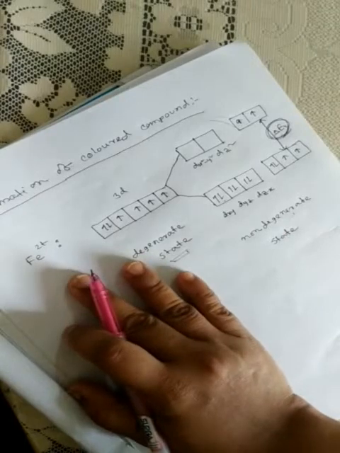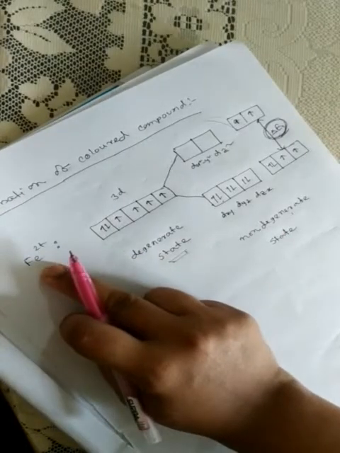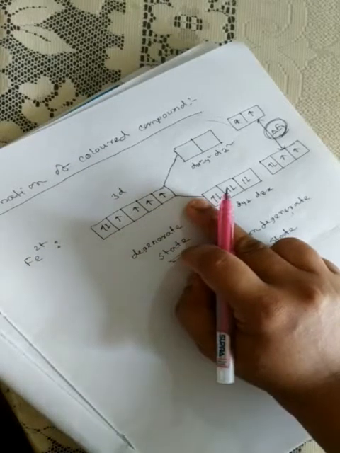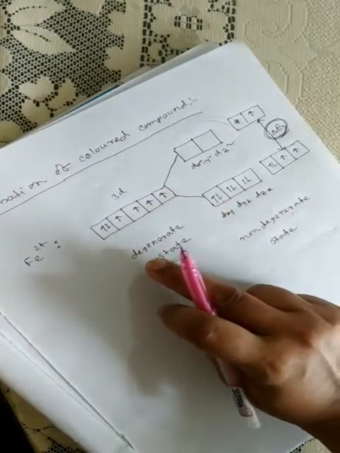I explain again. Iron is a transition element, and the electronic configuration of its d orbitals is called the degenerate state.